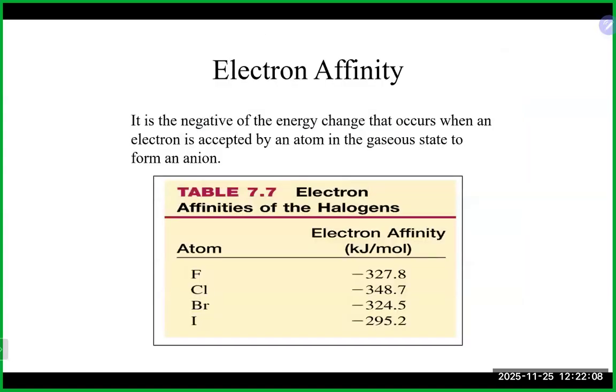Electron affinity. Electron affinity is the energy change that occurs when somebody gains an electron. So, like we talk about ionization energy being associated with positive ions and cation formation, we associate electron affinity with our anions, because if somebody gains an electron, they're going to be negatively charged.